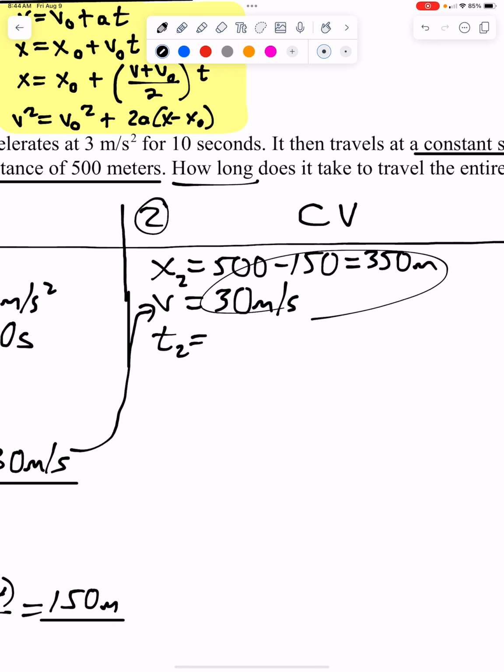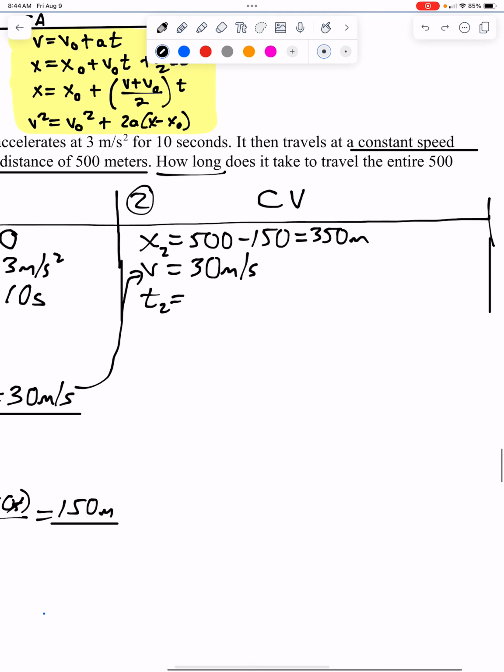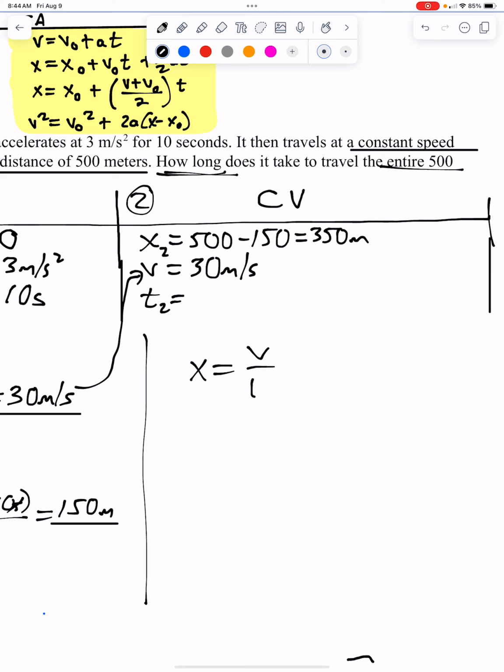So now we need to use this to find T2. Once we find T2, we can add our total times together to figure out how long it takes to travel the entire 500. So we can now use the constant velocity equation. To solve for T2, we're going to swap it out. Remember the good old switcheroo.